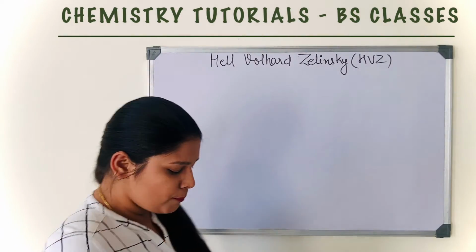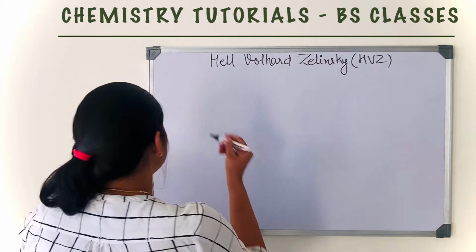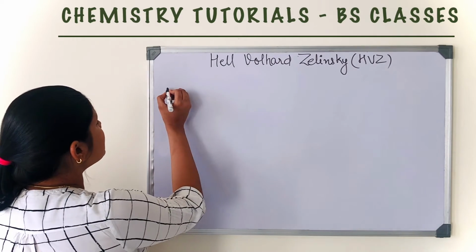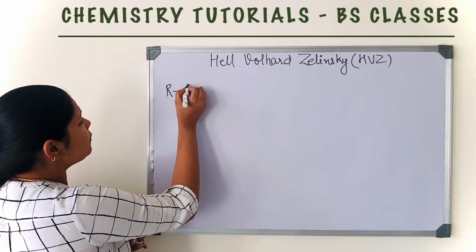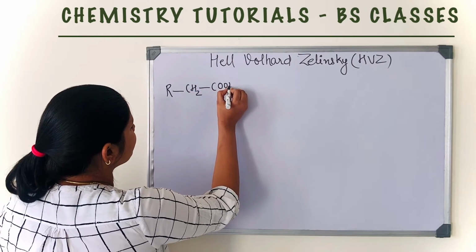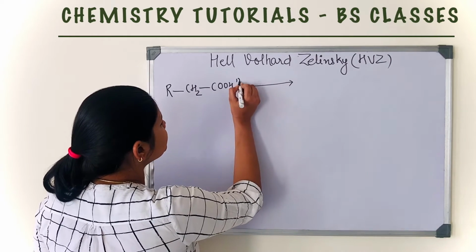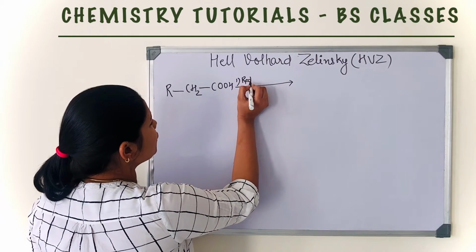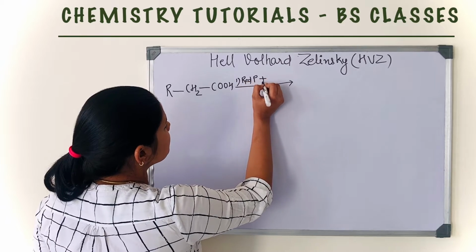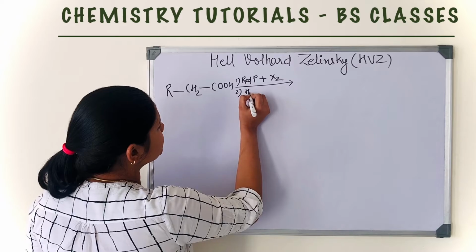Now come to the main reaction of Hell-Volhard-Zelinsky reaction. If we take carboxylic acid containing alpha hydrogen, this is the alpha hydrogen, treated with red phosphorus, halogen and water.